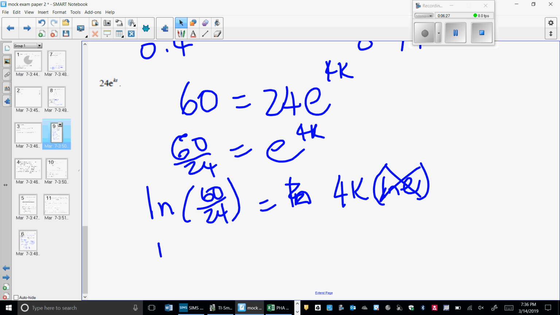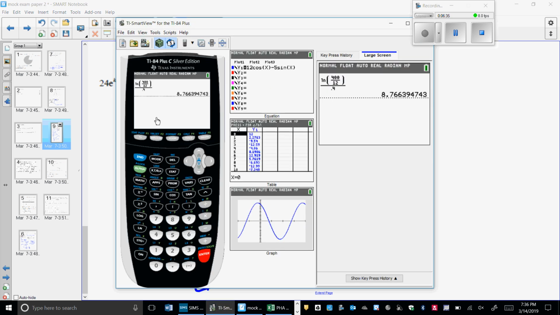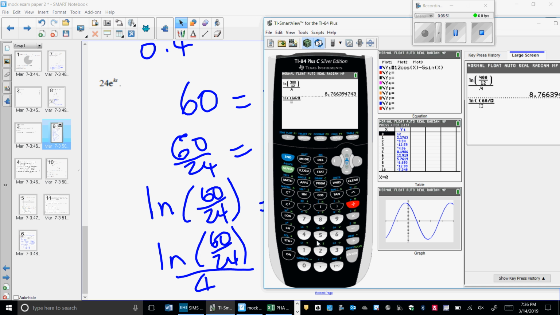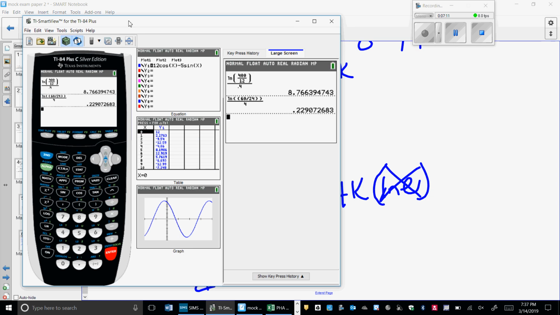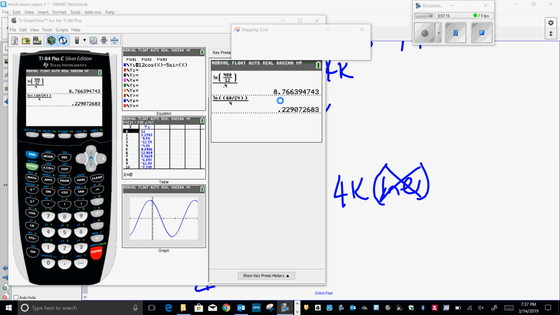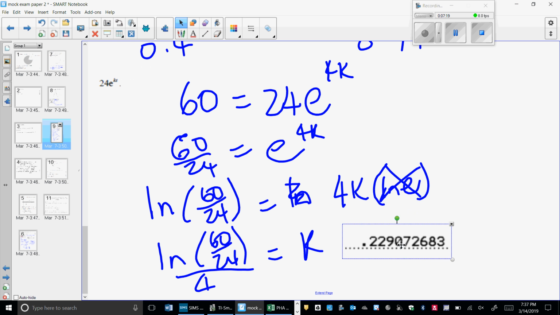So ln of 60 over 24, divided by 4. To 3 sig fig that will be 0.229.